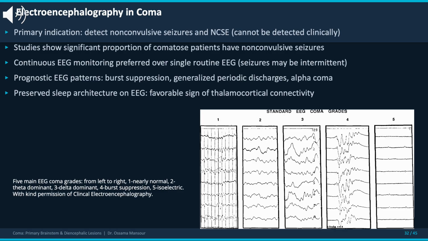The presence of sleep architecture on EEG, even in comatose patients, is generally a favorable sign suggesting preserved thalamocortical connectivity. Quantitative EEG analysis, which uses computer algorithms to analyze large amounts of EEG data, is an emerging tool that can detect subtle changes in brain activity that might not be apparent on visual inspection of the raw EEG tracing.